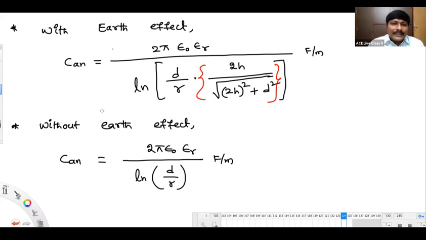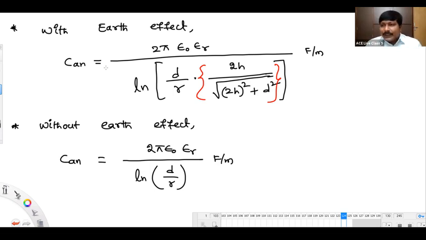Which capacitance is more among these two? With the earth effect, the capacitance will be more, because this number 2h by root of 2h square plus d square will be definitely less than 1. Less than 1 into d by r will be less than d by r. The denominator value is a little less compared to the below equation. So obviously the capacitance with earth effect will be a little more, maybe 2% or 3% more.